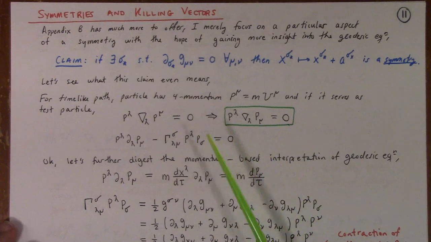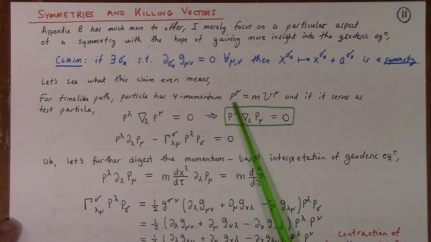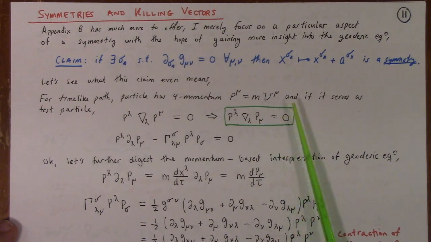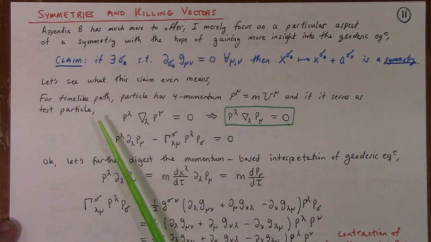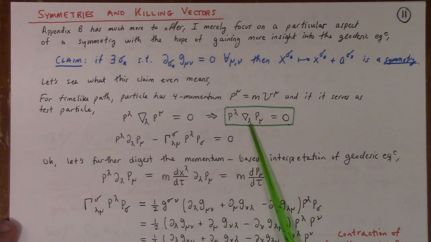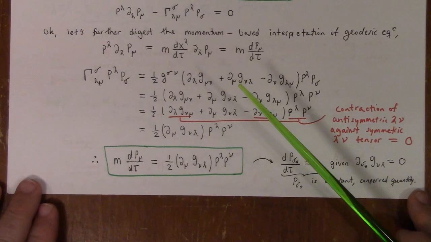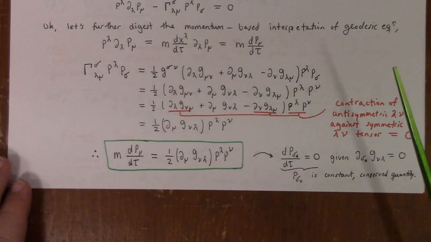What does he mean by that? All right, well, for a time-like path, a particle has 4-momentum p^mu, as we talked about, right? And if it serves as a test particle, it satisfies the geodesic equation, right? The covariant divergence of the momentum is 0. So let's further digest what that actually means in terms of 4-momentum.